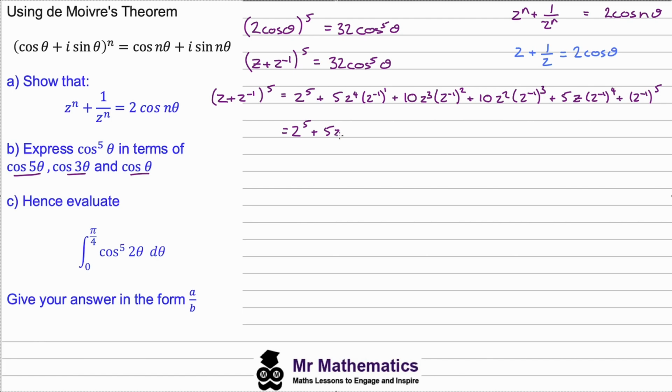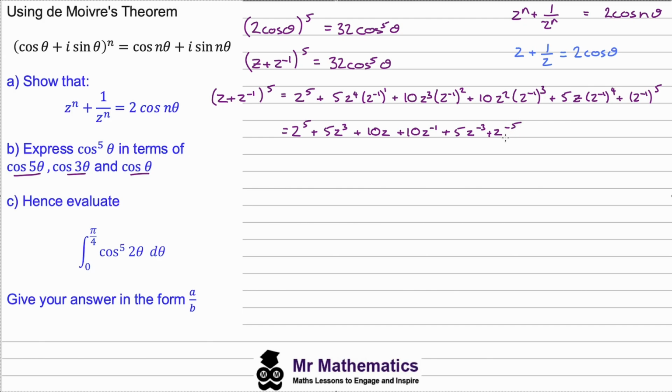This becomes z cubed plus 10. z cubed times z to the negative 2 will just give us z plus another 10 to take away the negative 3, z to the negative 1 will have a power of 1, take away 4, so z to the negative 3, and then z to the negative 5.